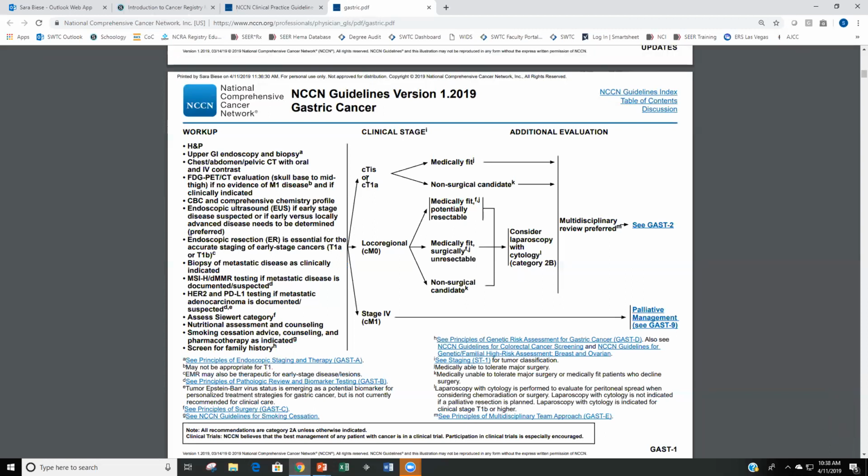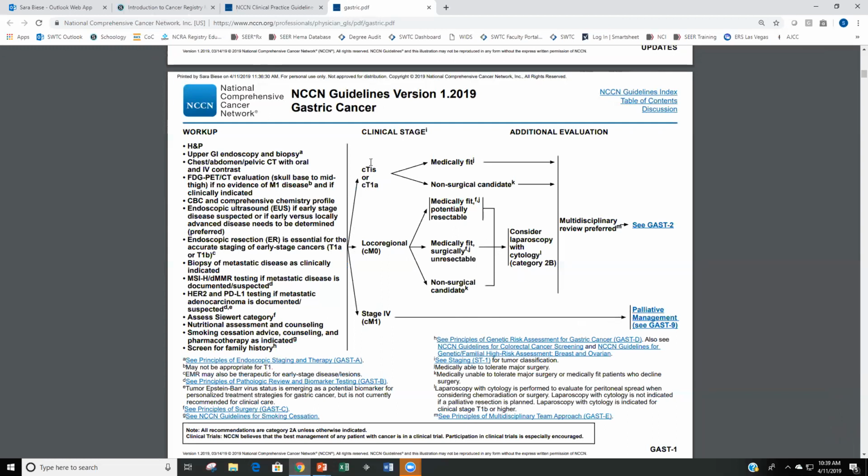And then it's broken down. This clinical stage is either in situ or a T1A or local regional. That's all lumped together with no distant metastatic disease. And then stage 4. As you can see here, if someone is stage 4, just like we stated earlier in the presentation, the management of that patient is going to be palliative care.